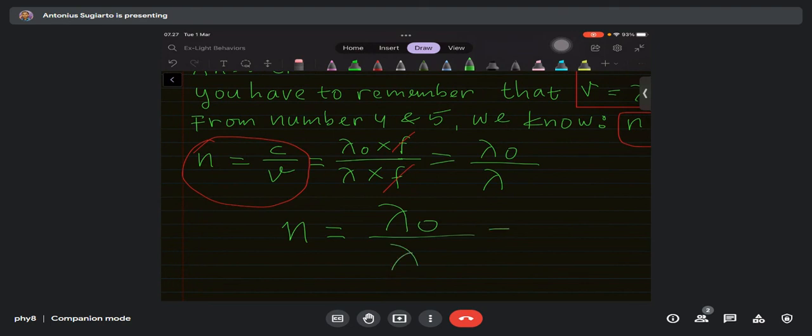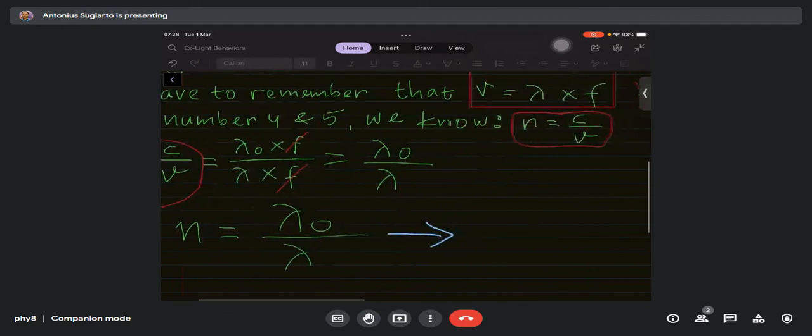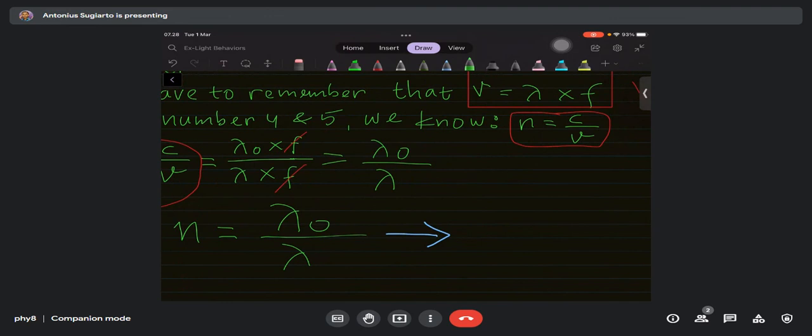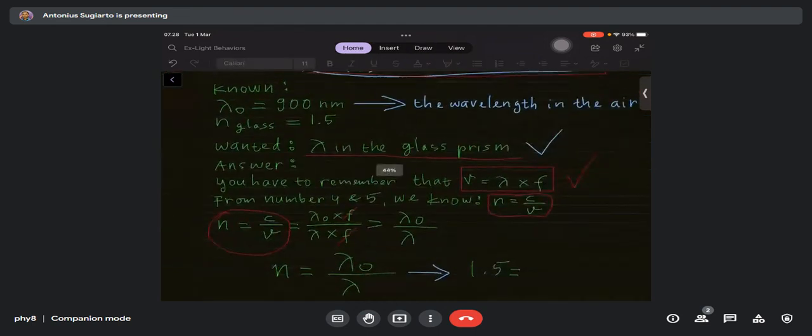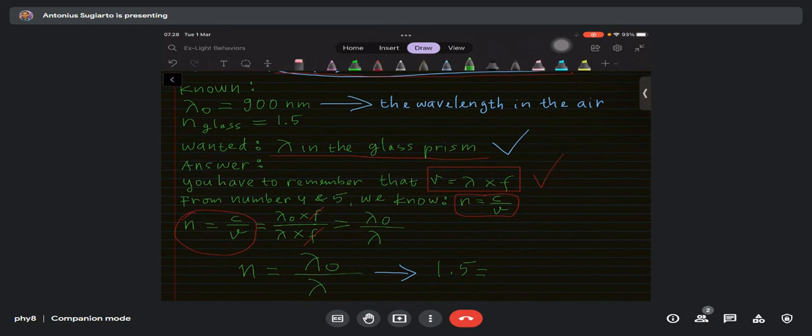So 1.5 equals lambda 0, and just remember lambda 0 from the known is 900 nanometer, divided by lambda.